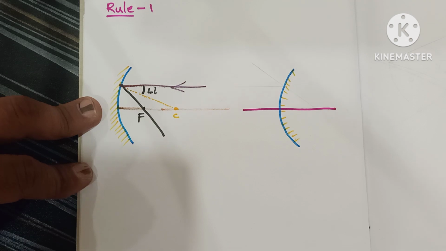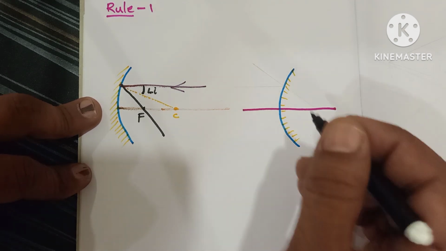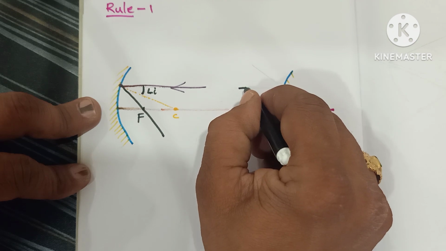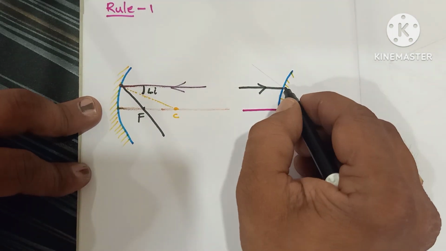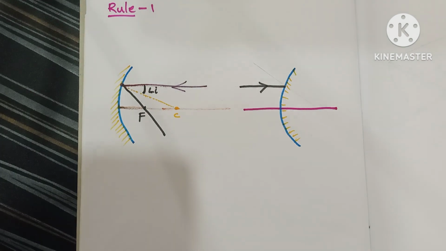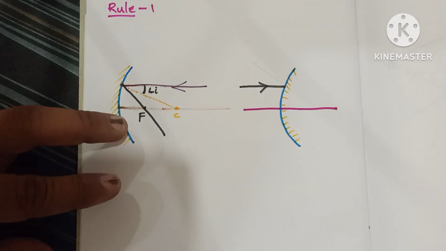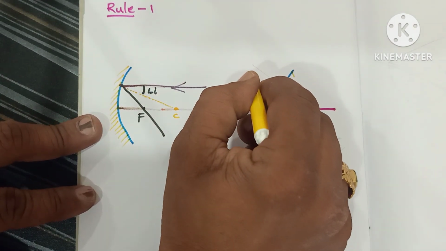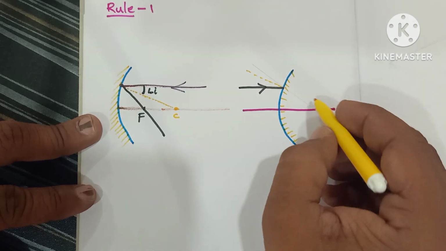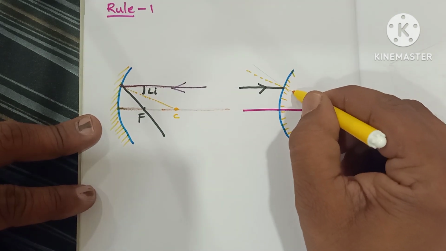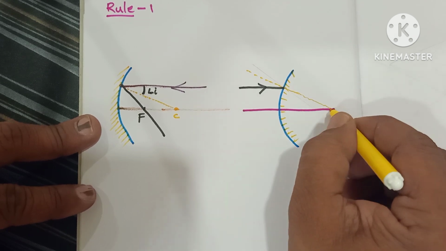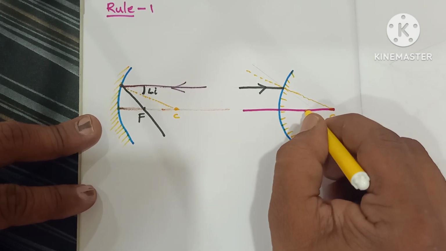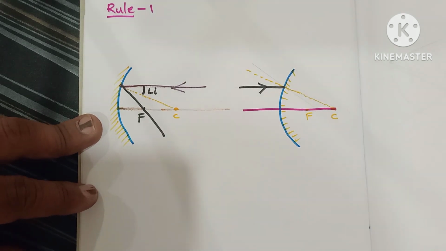If we consider an incident ray which is parallel to the principal axis, it is falling on the mirror at this particular point. Now again we need to draw the normal at this point, and the normal always passes through the center. This is the center and here it is the focus.